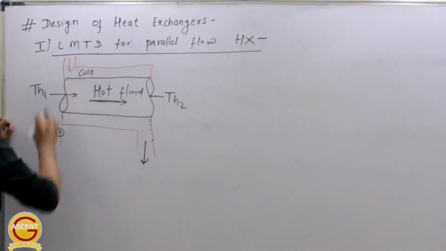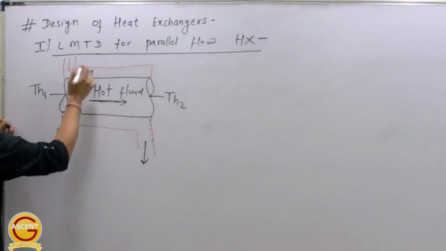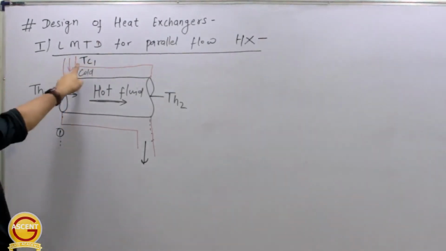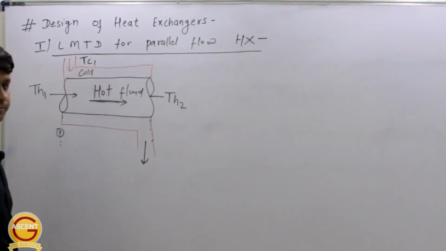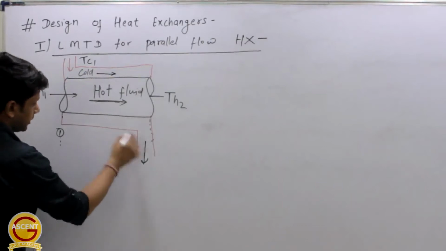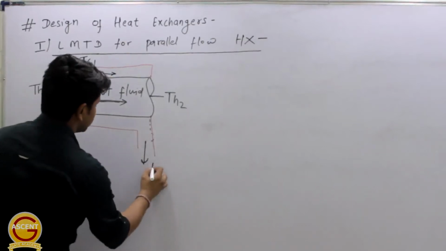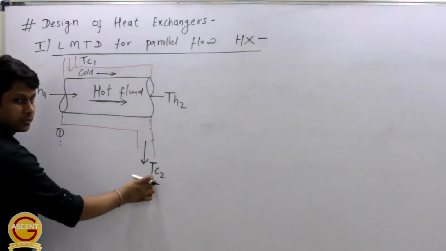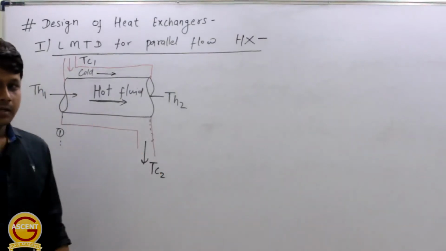So what will be the inlet temperature of cold fluid? Similar analysis we will do. It will be TC1, temperature of cold fluid at location 1 or inlet. Now it is also flowing in this direction, and from here this cold fluid is exiting. So the temperature is TC2, temperature of cold fluid at outlet.